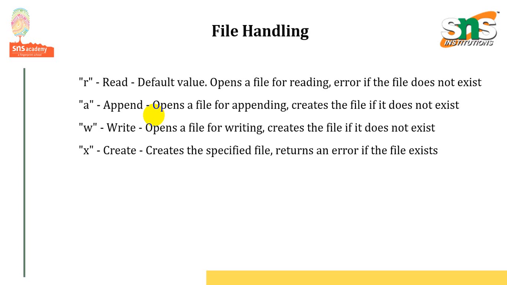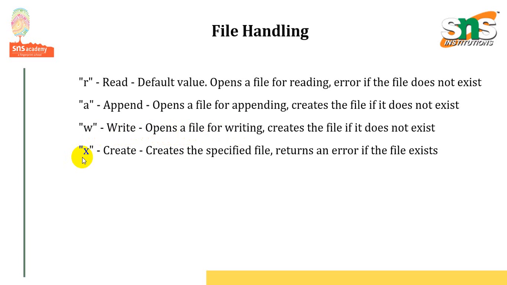The third mode is W, which is write mode. If a file is already created and you want to write some content inside the file, with the help of W mode, you can write. It opens a file for writing and creates the file if it does not exist, right? If it is already created, then you can just write the content. If it is not created, you are supposed to create it, then write the content.